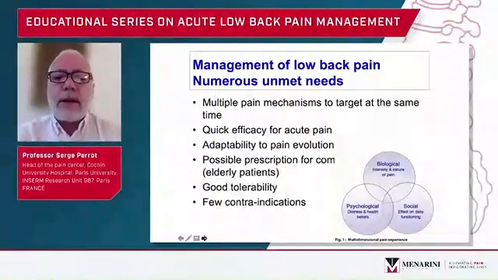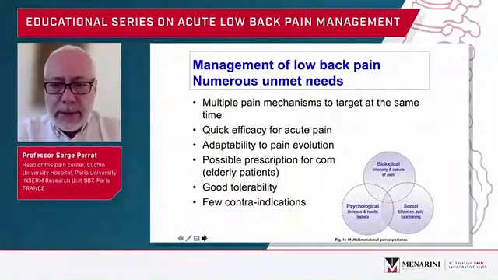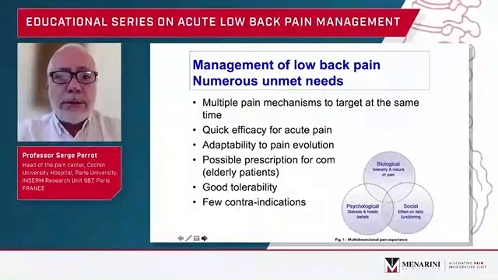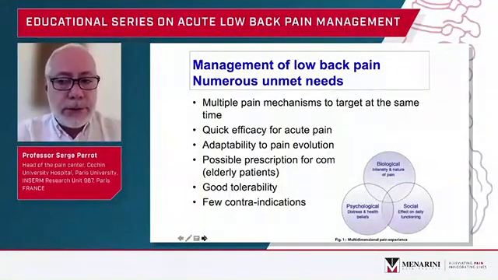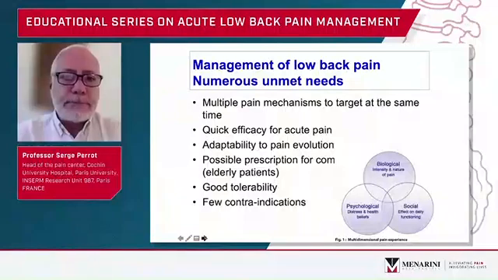So we should treat acute low back pain very easily for the majority of the patients. As you can see, there are numerous unmet needs, and we will see how a multimodal approach may respond to these unmet needs.